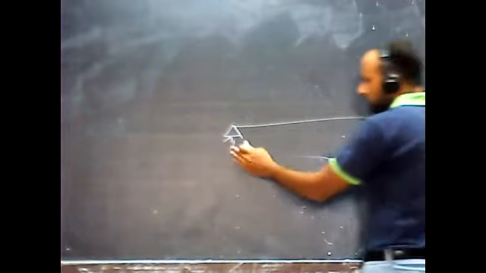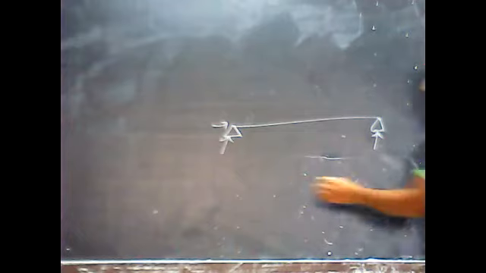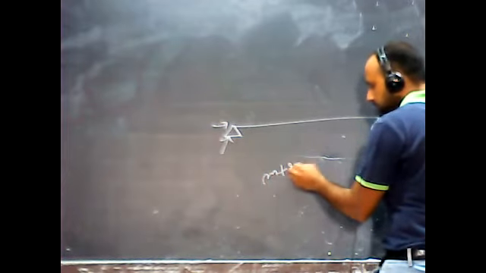And the first thing we have to do is draw the free body diagram. These are the three unknown reactions we have. And what is the relation to calculate indeterminacy in this case? M plus R minus 3J.